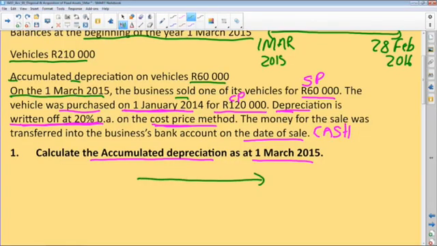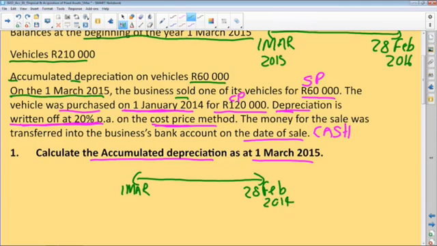So let's do that. We now need to go back to the very first financial year when the asset was purchased, and according to this information, it was purchased on the 1st of January 2014. So I know my financial year starts 1st of March and ends on the 28th of February, and I'm obviously now going back to 2014.